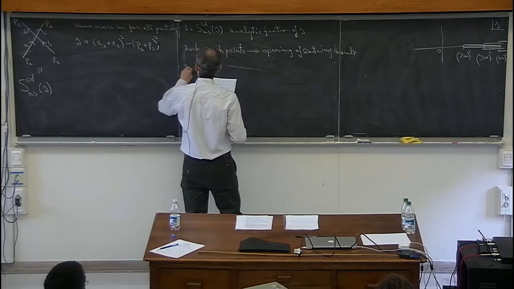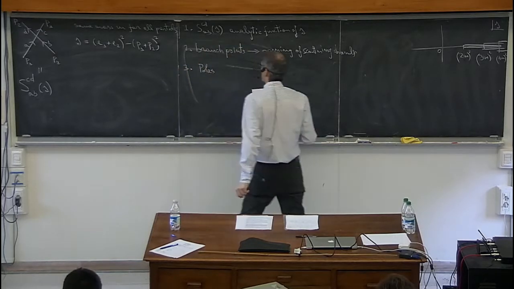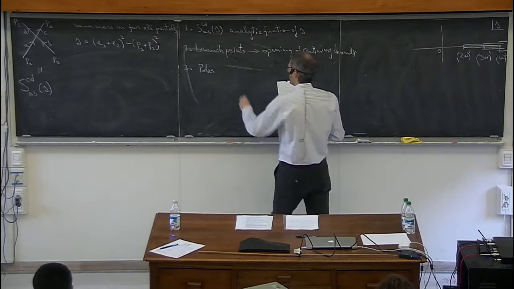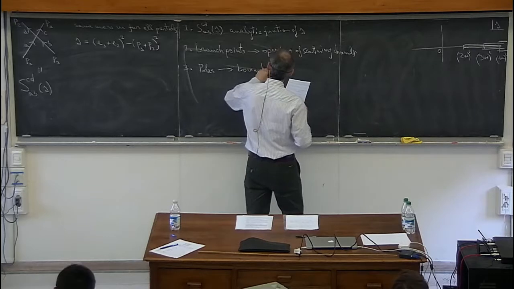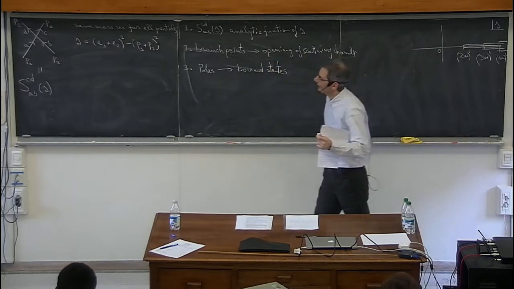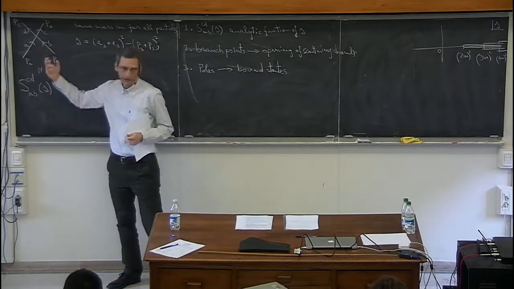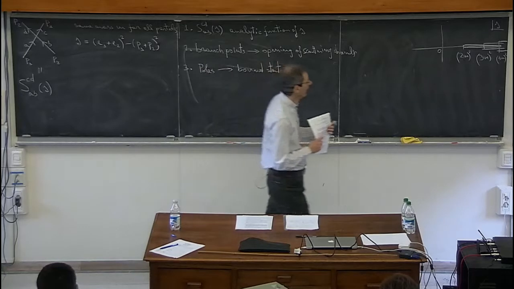Now, the other singularities you can have are poles, and these are related to bound states. So when these two particles scatter, they can form a bound state with some mass, which I call m tilde.